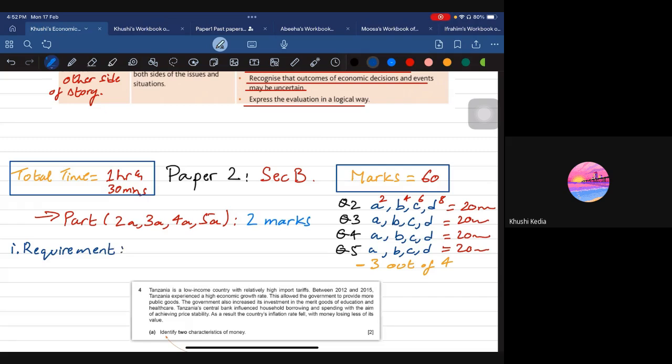The requirement is assessment objective 1, which is knowledge, right? So this is the only requirement here. And the keywords used are define, state, identify, calculate.